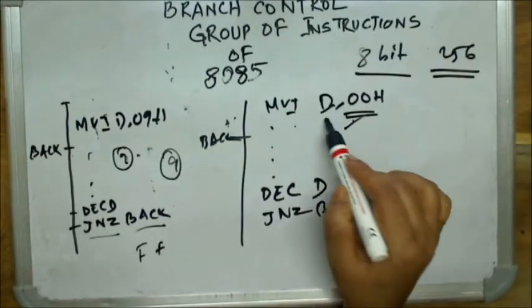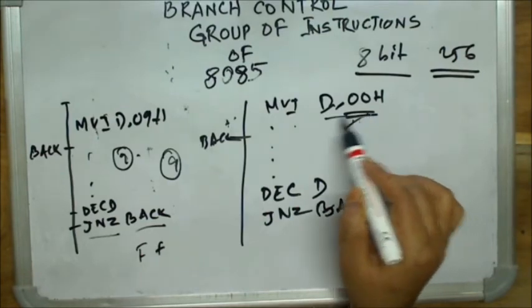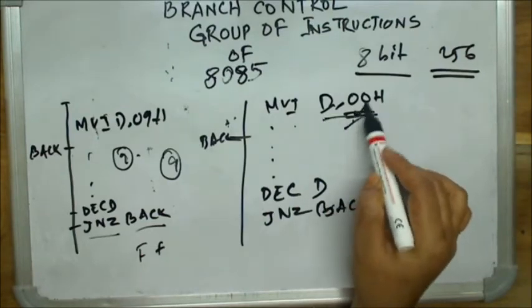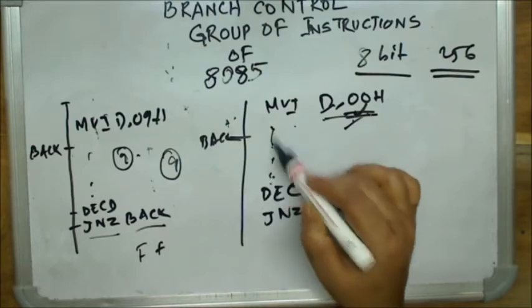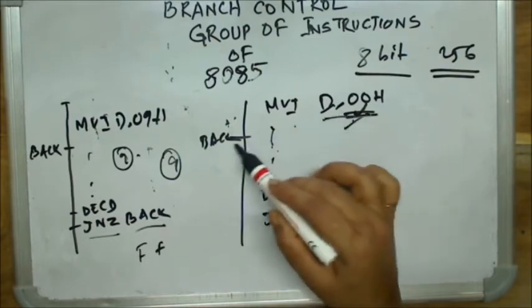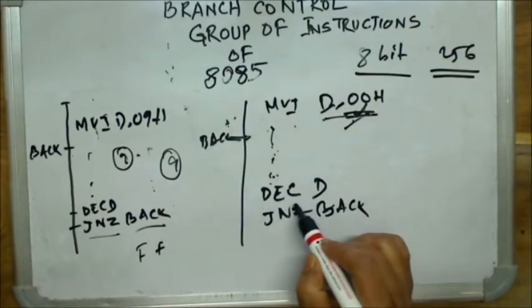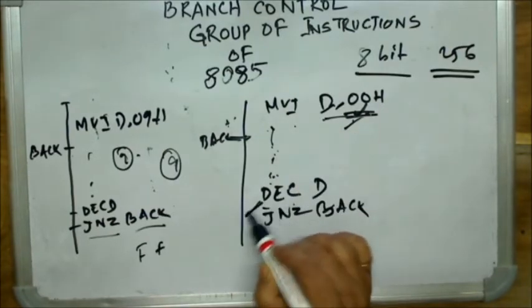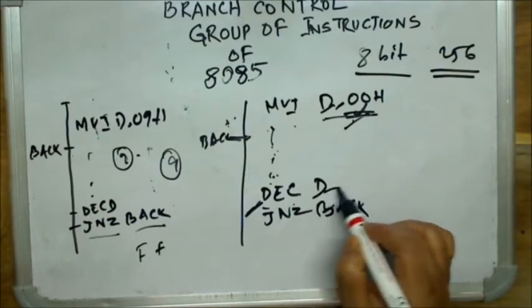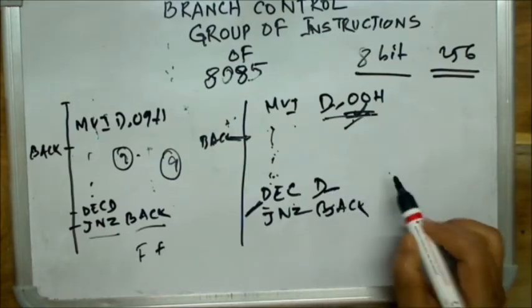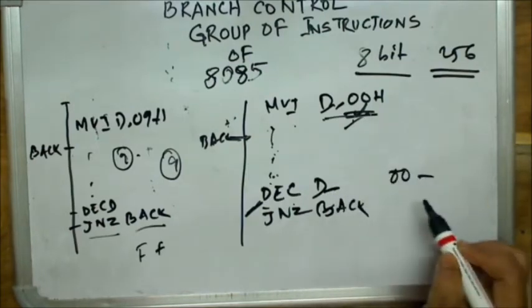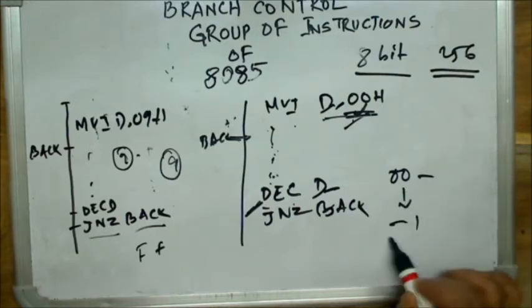But still, if you initialize the count register with the count of 00 and then write this instruction, the program counter will go to this location and this segment will be executed, and then it will hit the instruction DCR D. After it hits DCR D, this 00 will be decremented and it will go to -1.